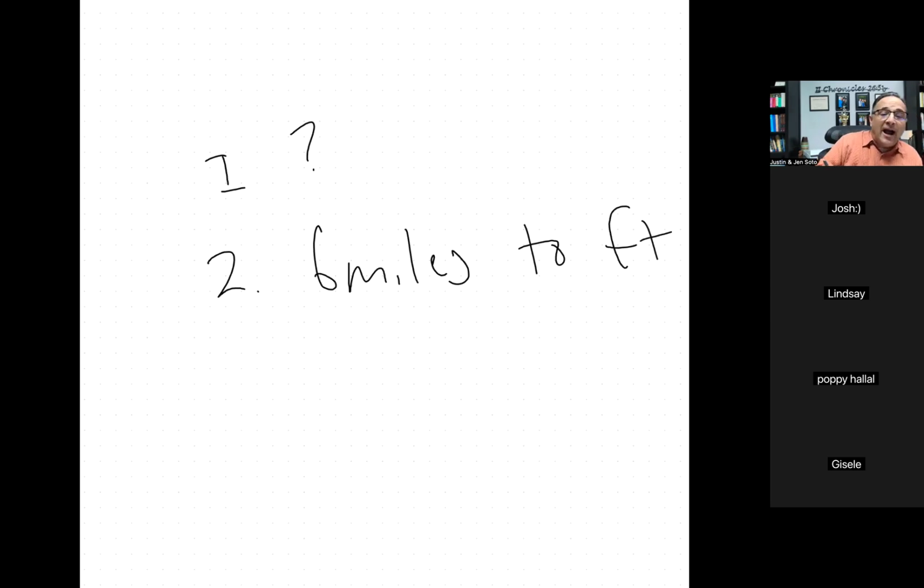Okay, so a mile has 5,280 feet in it. So you're just going to multiply 5,280 times 6. Okay. You say, well, it doesn't say that in the conversion. Well, we have 1,760 yards.